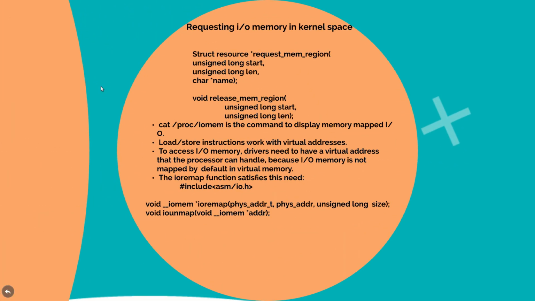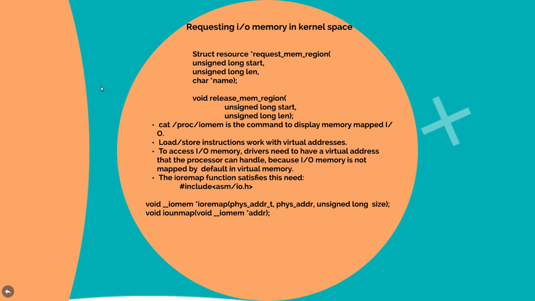Now how can we request the IO memory in kernel space? For that we need to use request_mem_region. First will be your start, then your length, and you can release the memory region by using release_mem_region, and you can see this memory mapped IO by using cat /proc/iomem. Load and store instructions work with virtual addresses.